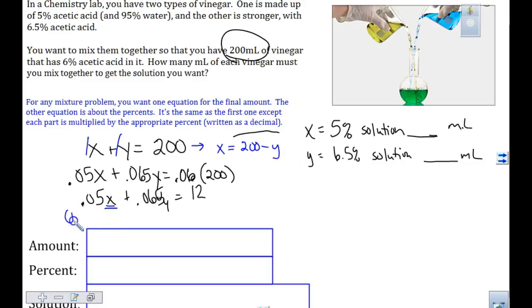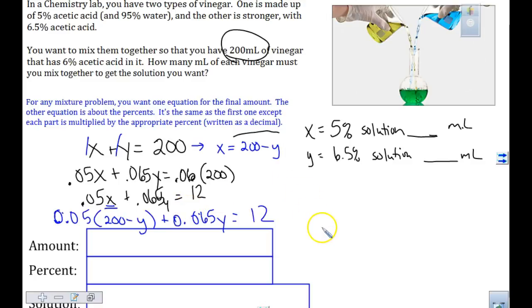So I have 0.05 times 200 minus y plus 0.065y equals 12. So we're going to distribute.